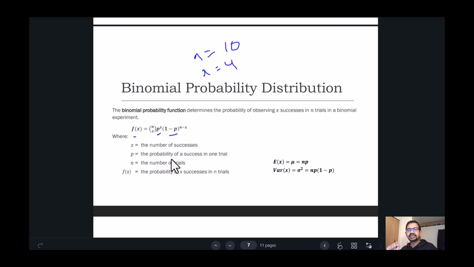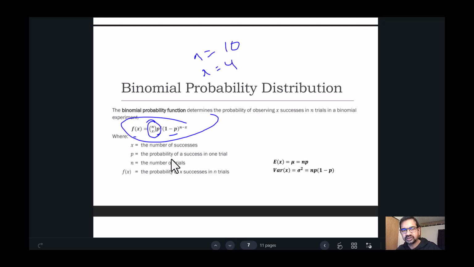But now, because these can happen in any sequence, we don't care if we get 4 successes right away or we get the first success and then the second success after a gap. So the n combination x allows that you can have them in any sequence, in any order. So this is the probability of getting x successes in n trials when the probability of success and failure does not change with each trial.